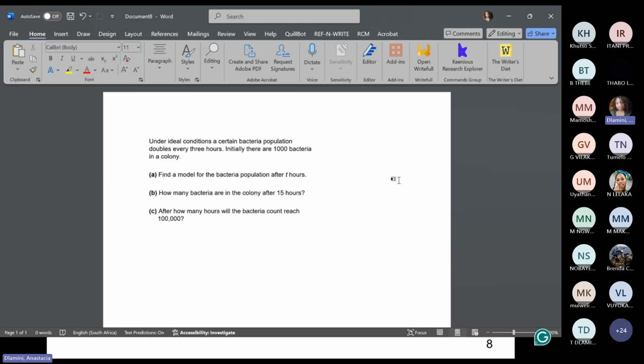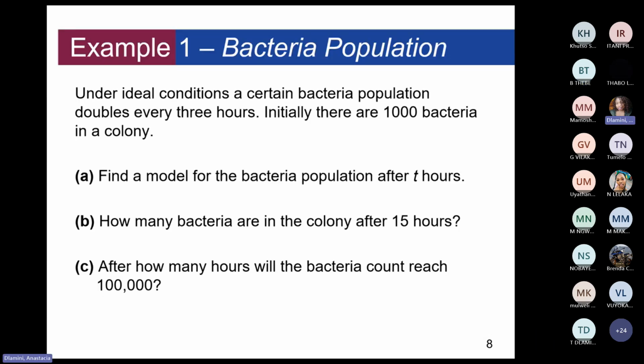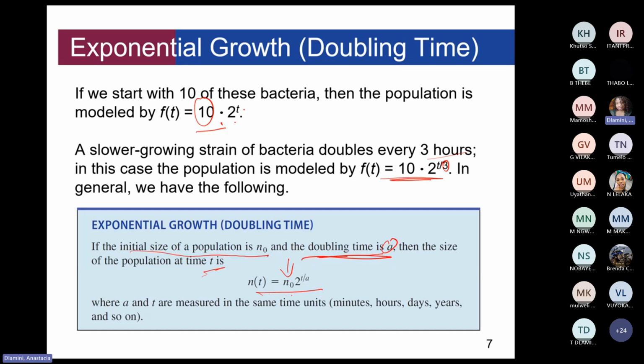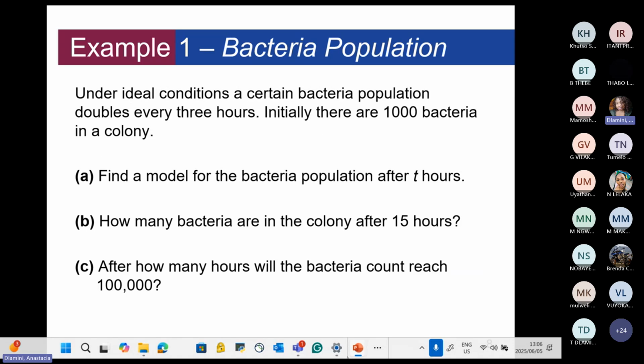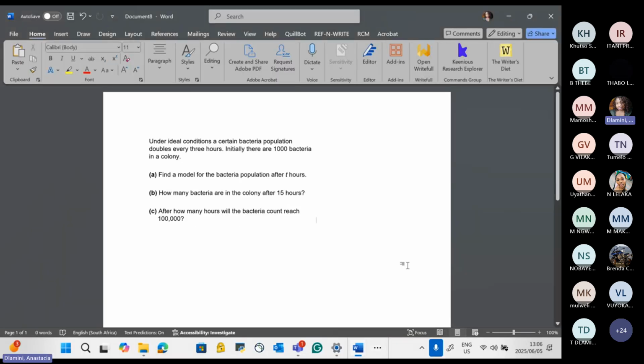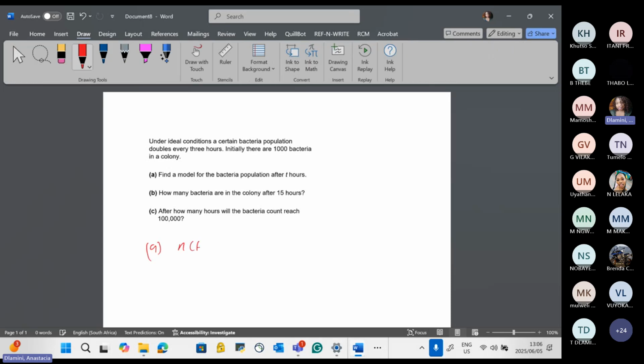How are we going to find that? Guys, how are we finding that? We substitute in that formula. Thank you. So we substitute back into this formula here because they're saying it's doubling. Our formula says N of t equals N0 times 2 to the power of t over a.